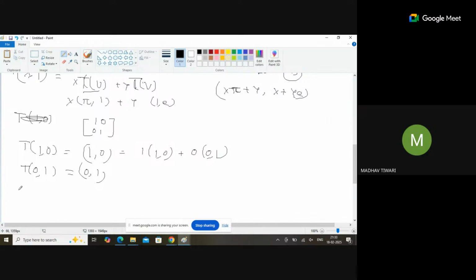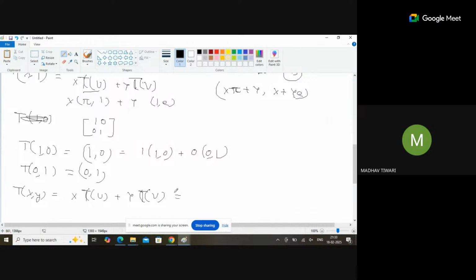If you want to find the transformation T of x comma y, you can write x times transformation of u plus y times transformation of v. Because it is the standard basis, we can write it like this.